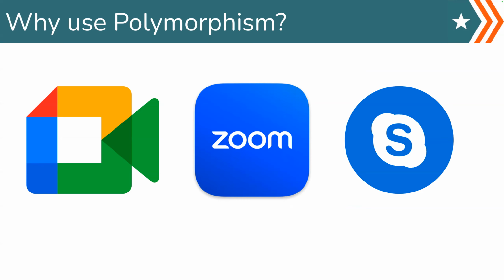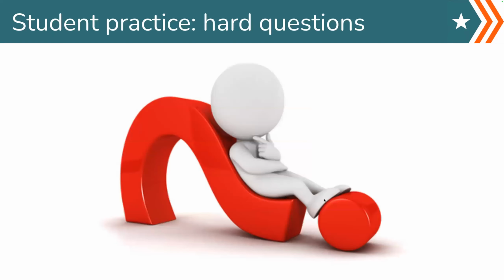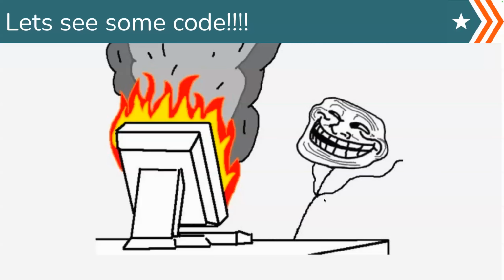So just the same way we can do a video chat, but the video chat happens in a different way or with a different tool, we'll see how with polymorphism, we can have related kinds of behavior that are not the same, which I think is a good way to say it. And we'll see polymorphism in action a bit later. So that's the overview of the plan for today.